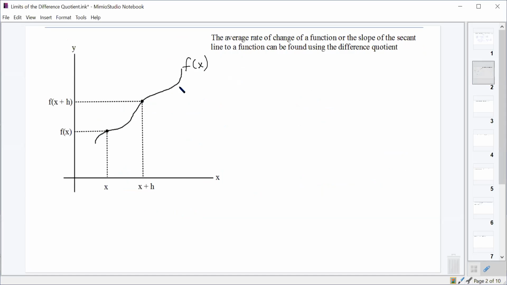Okay? And we're going to use the points x, f of x and x plus h, f of x plus h. So if this is x and this is x plus h, what is this? H, right? All right, so how would I write that slope? I would use the slope formula.